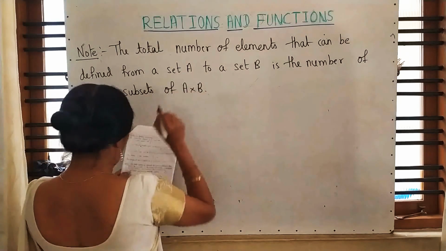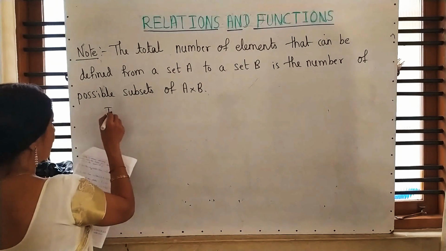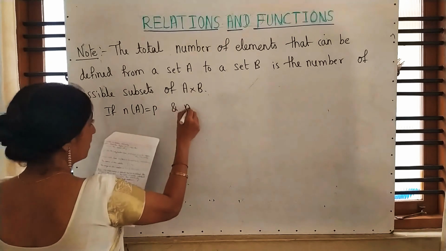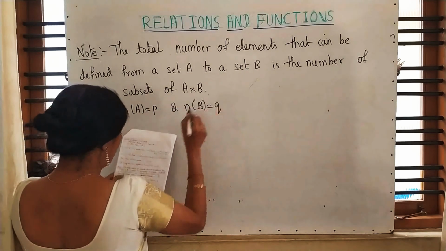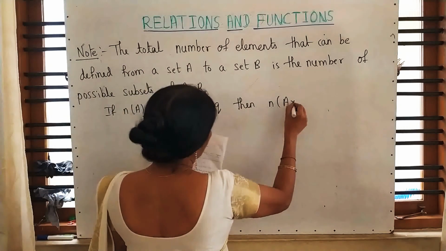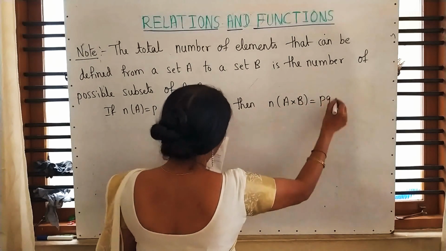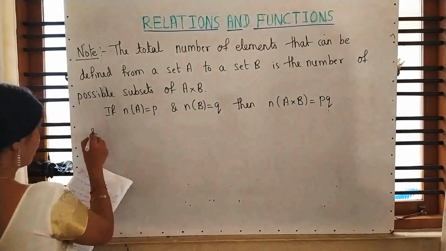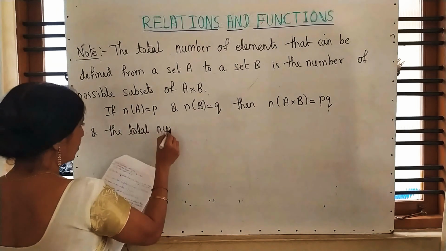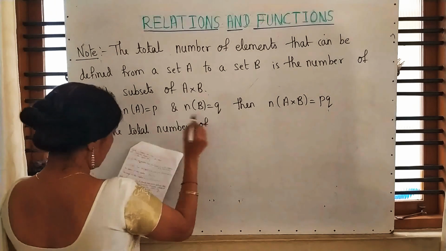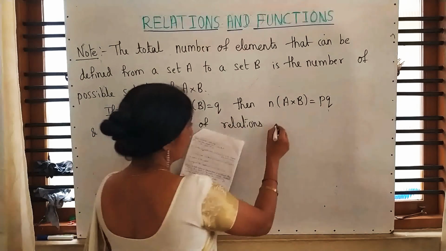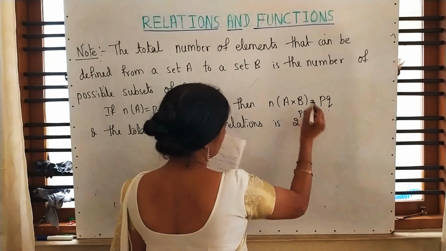of A cross B. If the number of elements in set A is P and the number of elements in set B is Q, then the number of ordered pairs in the Cartesian product is PQ, and the total number of relations, as subsets are also counted, is 2 raised to PQ.